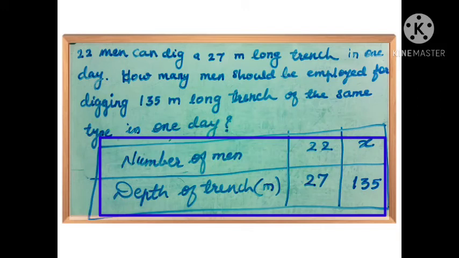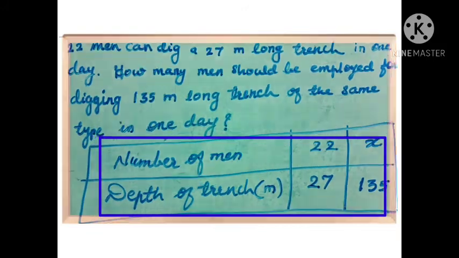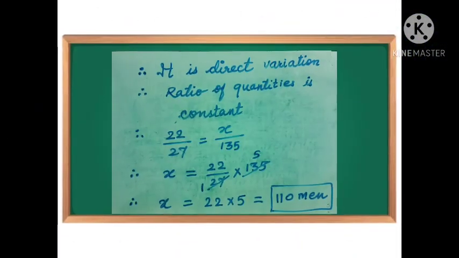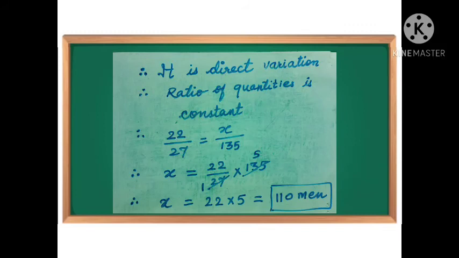Since this is an example of direct variation, the ratio of quantities is constant. Therefore, 22 upon 27 is equal to x upon 135. On transposing the quantity, we will get the value of x. x is equal to 22 upon 27 multiplied by 135. On calculating the value of x, we will get 22 into 5, that is 110. Therefore, 110 men can dig the trench of 135 meters.